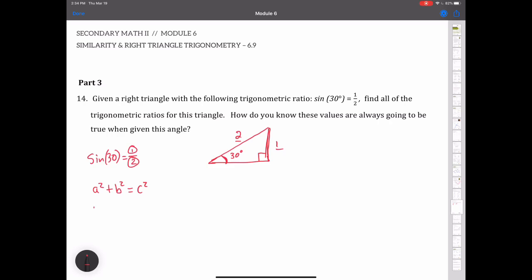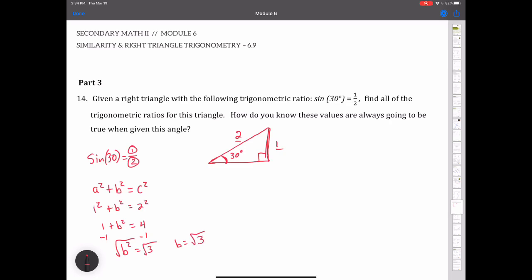We've got 1 squared plus b squared equals 2 squared, or 1 plus b squared equals 4. Now I'm going to do some algebra here, subtract 1 from both sides. B squared is equal to 3. B is equal to the square root of 3.